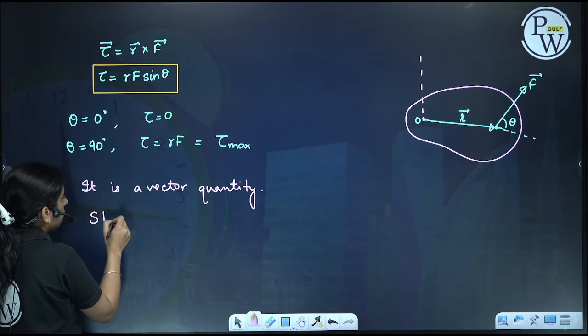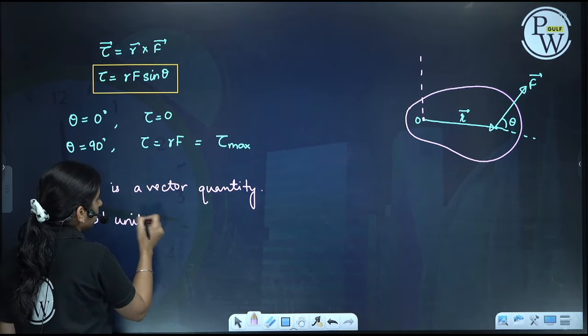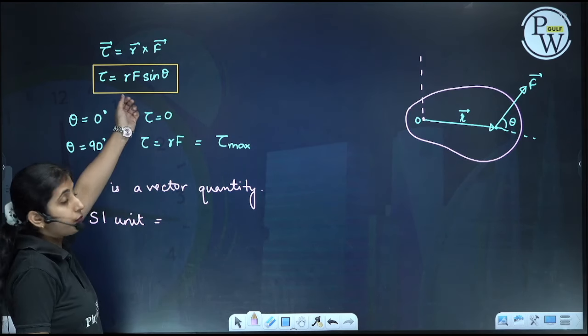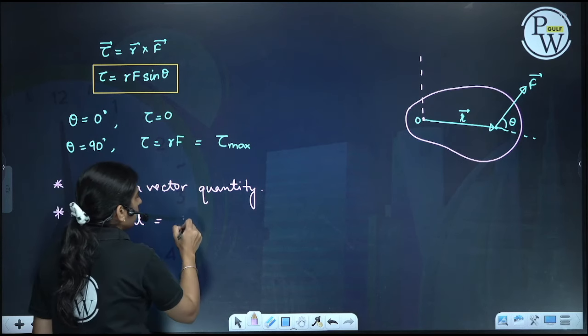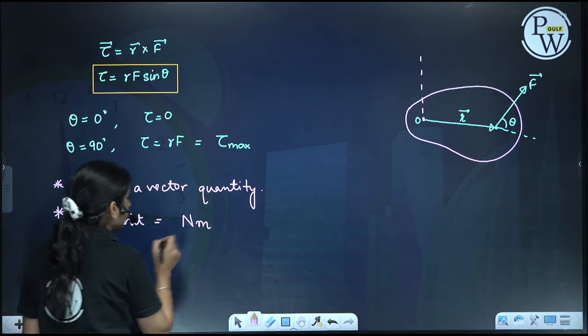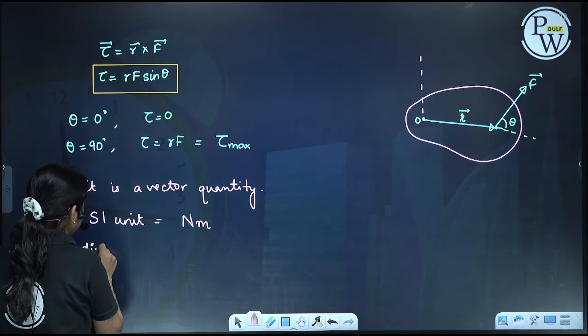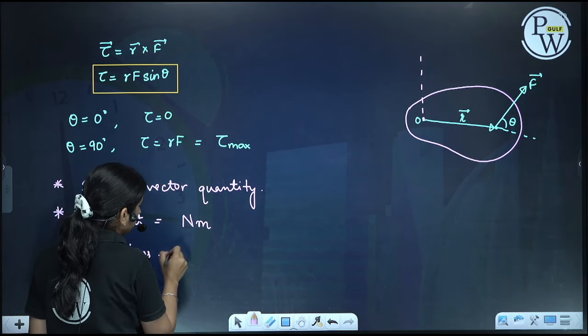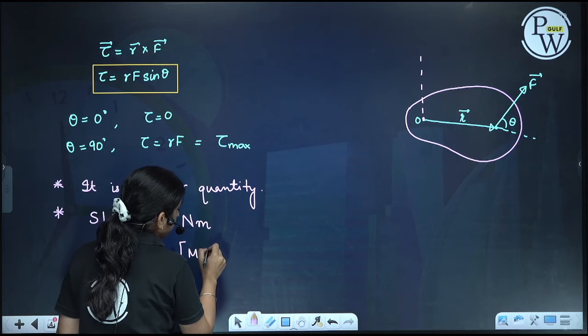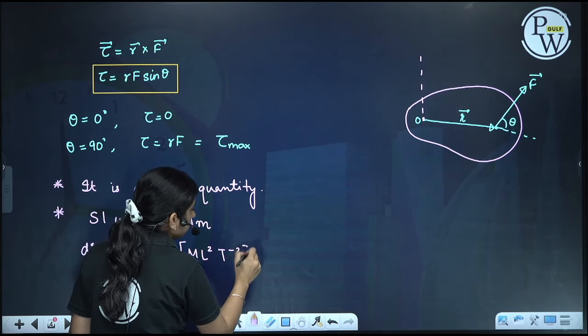Its SI unit: see from this, it is the product of R F sine theta. Sine theta is dimensionless, so its SI unit is Newton meter, and its dimensions will be M L squared T to the power minus 2.